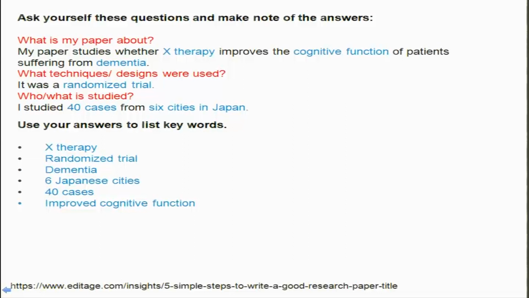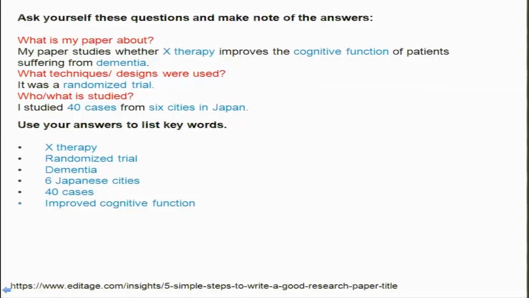For example, X therapy, X meaning a given drug or some other form of therapy, and then the cognitive functions of patients. That is again an important element, because if you only keep patient as a keyword, then it could be anything and everything. So you have to say cognitive aspect, and the disorder is dementia, and then the method that you have used is randomized trial, and you have 40 cases, and then the population is 6 cities in Japan and things like that.